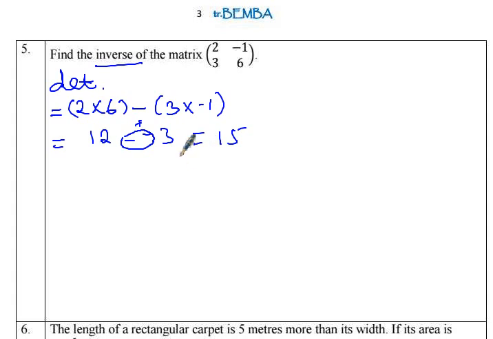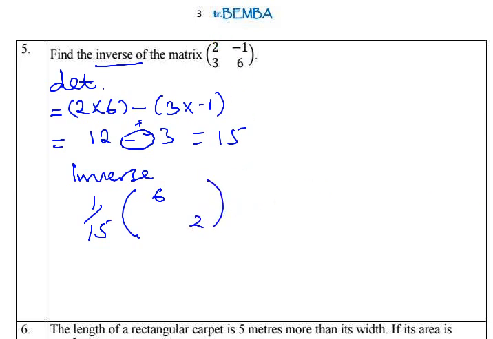Now, after getting the determinant, to get the inverse of this matrix, we need to have 1 out of the determinant times the adjoint matrix for this matrix here. And what's the adjoint? This number moves here up and this moves down.